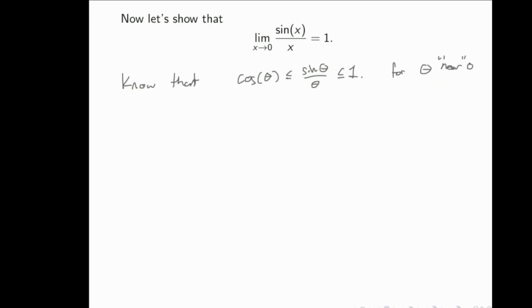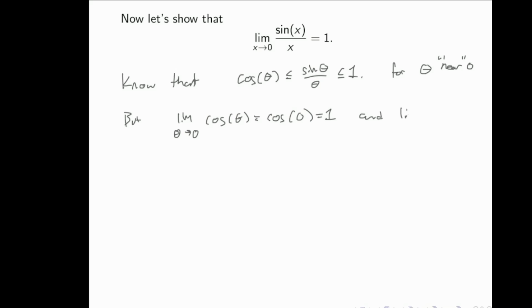Okay, but the limit as theta goes to 0 of cosine of theta is, well, that's cosine of 0, which is 1, because cosine is continuous.